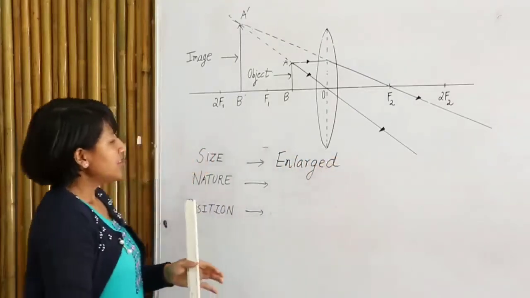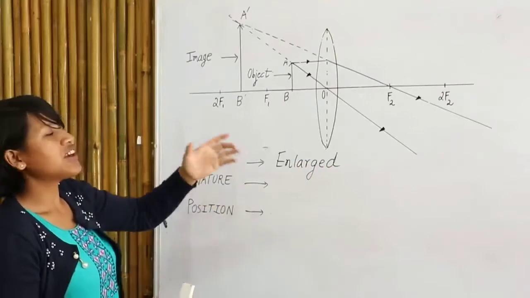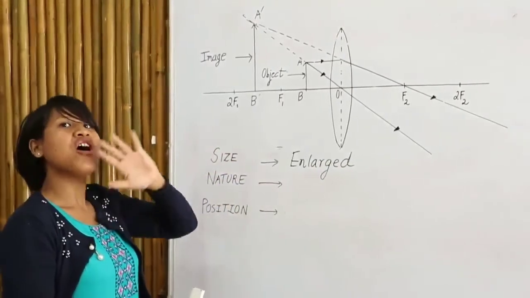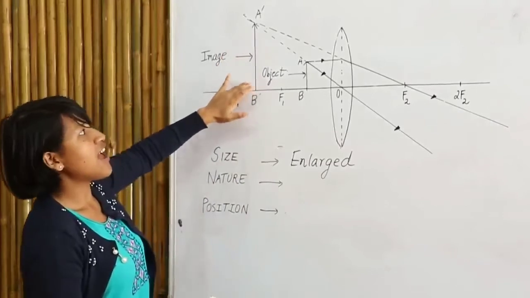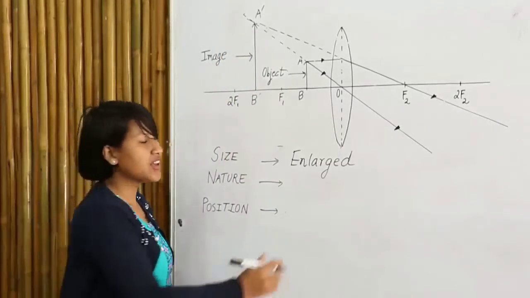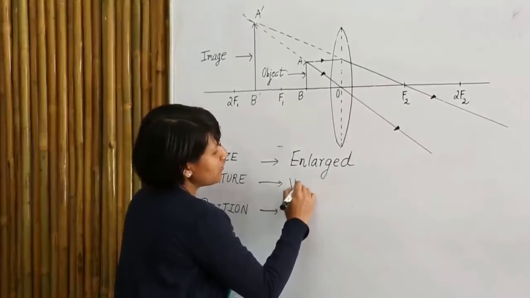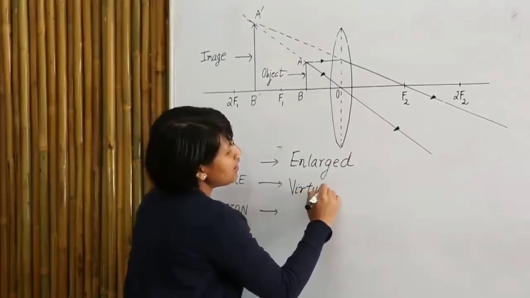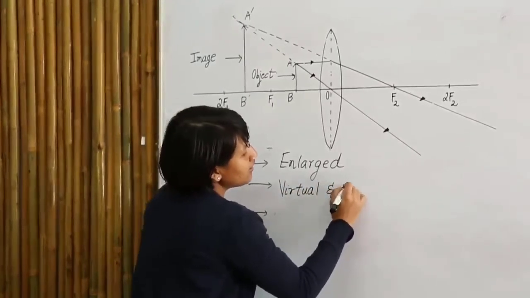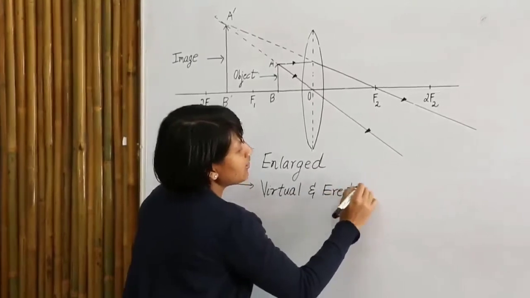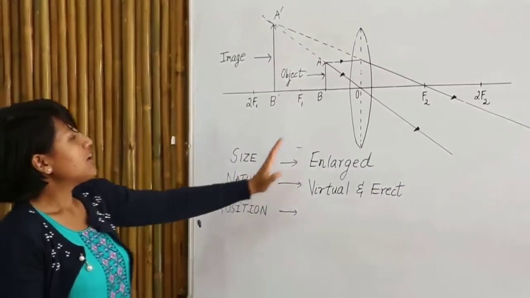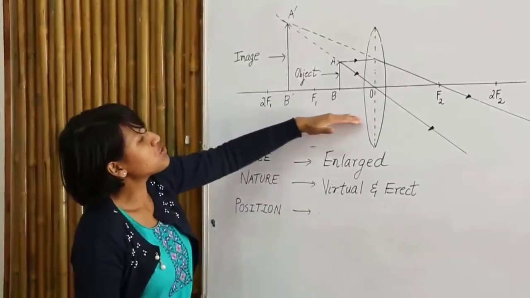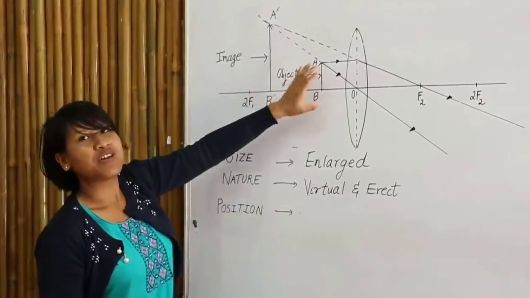Then the nature, whether it is real and inverted or virtual and erect: we find that it is erect and hence virtual. So it is virtual and erect. Now what about the position of the image? It is situated on the same side as the object.